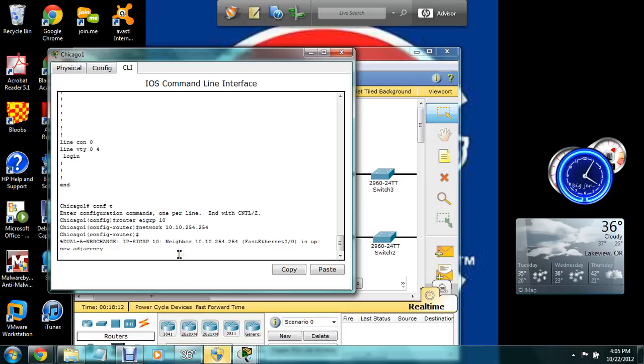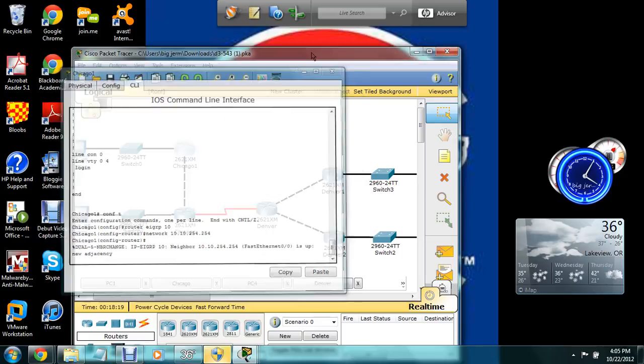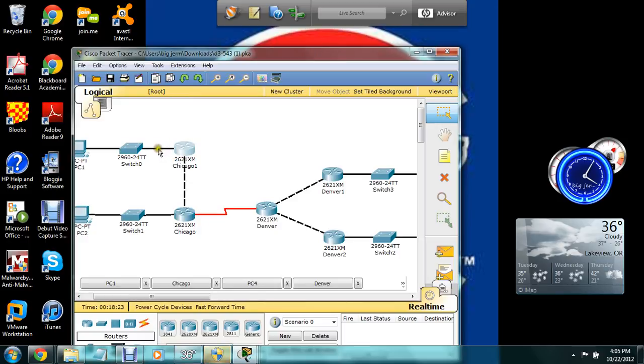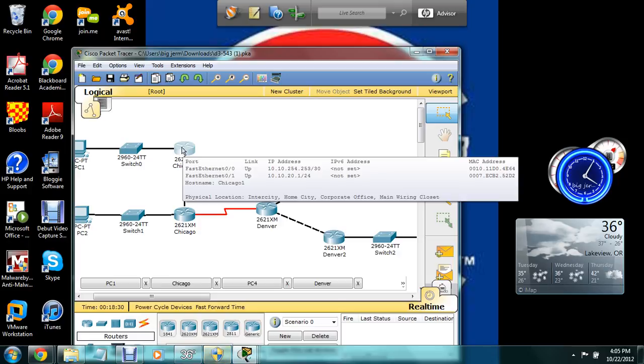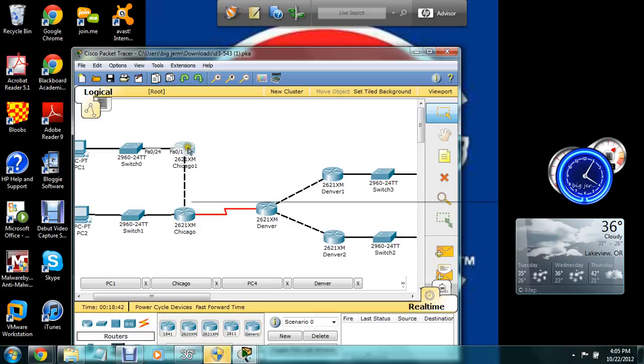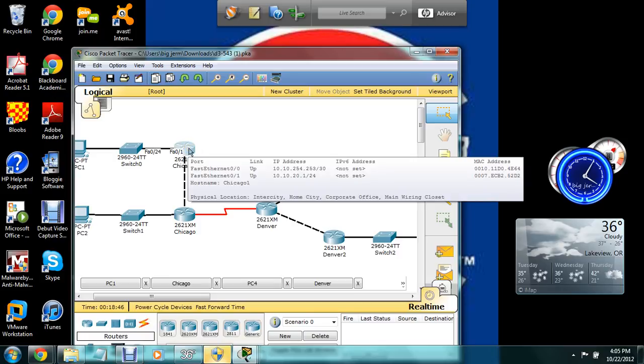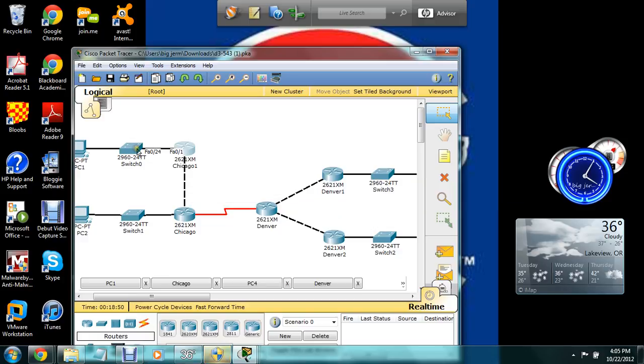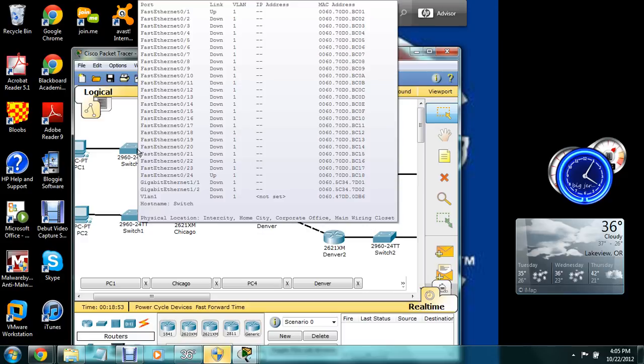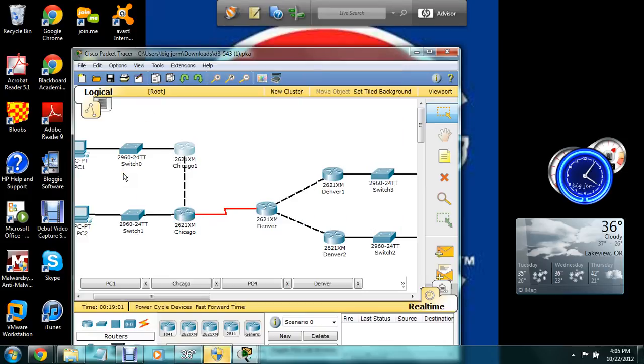Okay, and we have that neighbor set up. And then we have our Fa0/0, which doesn't have Okay, that's the only network we need to set up.